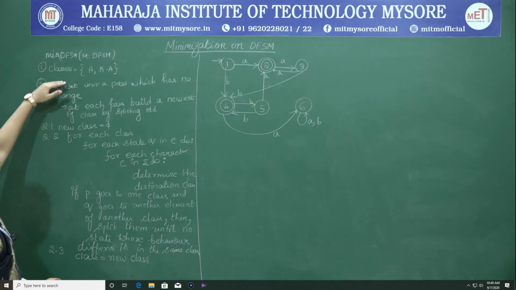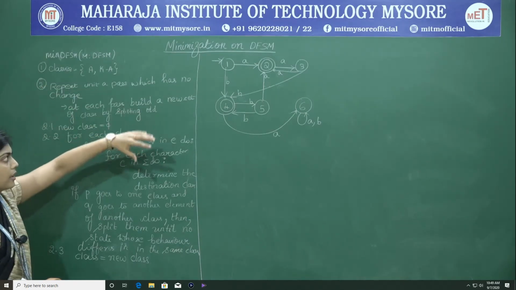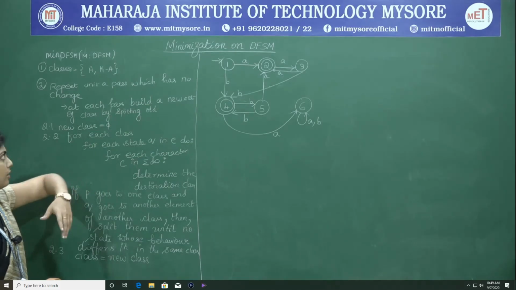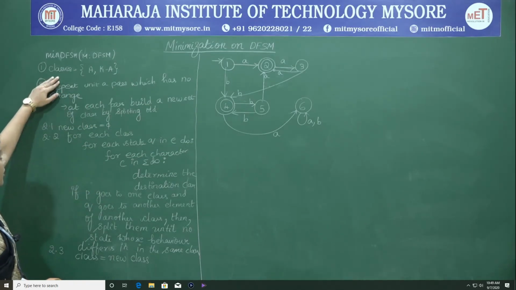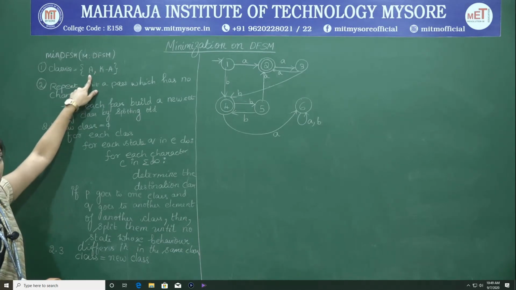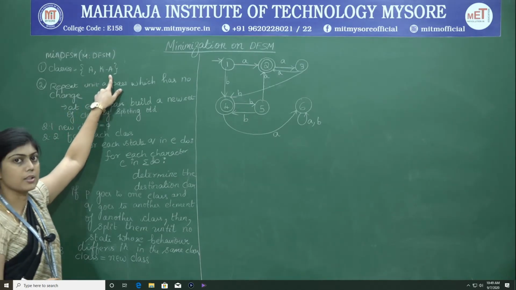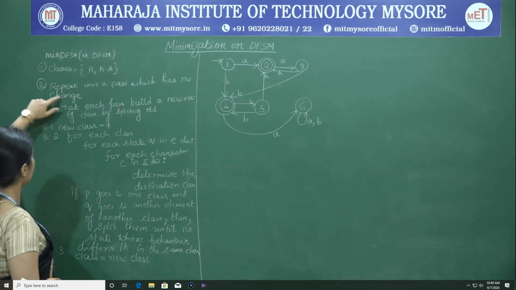It states that we are dividing the states into classes. All the states are put into individual classes. The initial classes that we are going to frame are A and K minus A. A is the set of all the accepting states, and K minus A is all the rest of the states which are there in the DFA.